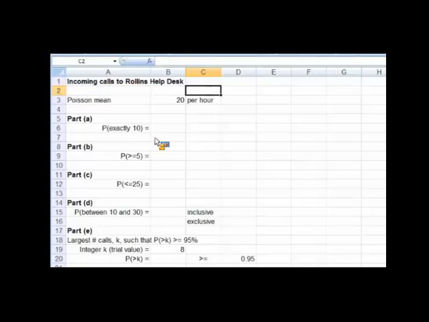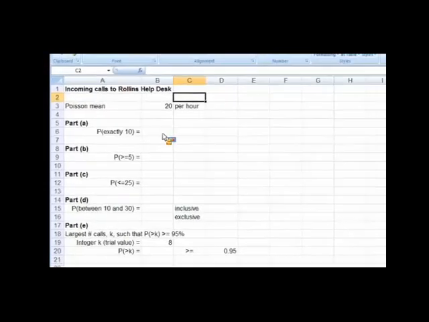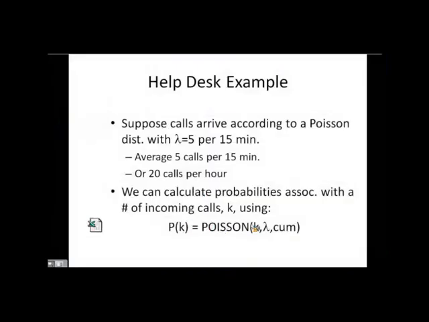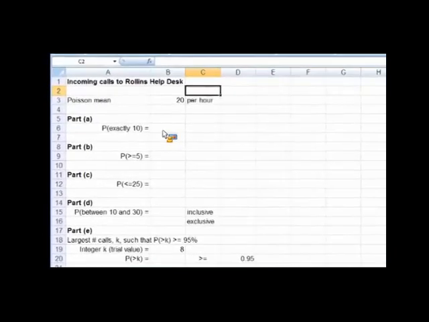Okay, so we can think back to our formula. Equals Poisson of, I want to know exactly 10, so 10 will be my k. My lambda will be 20 calls per hour, so the units of k and lambda have to match up. And in this case, I have to decide, do I want my cumulative flag turned on or off? If you're recalling from our discussions on the binomial distribution, if I want the probability of exactly 10 calls coming in, then I certainly don't want the cumulative probability, so I'll have that cumulative flag turned off.